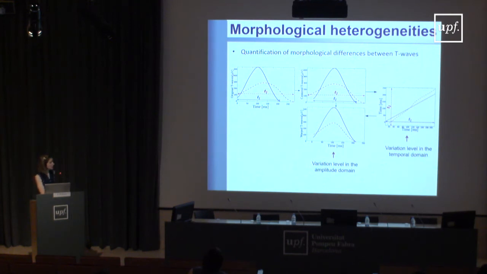This is the so-called warping function, and what we get from this signal is how we need to stretch one of the waves to better match the other wave. From this information, we can get a variation level in the temporal domain, but also a difference in the amplitude domain.